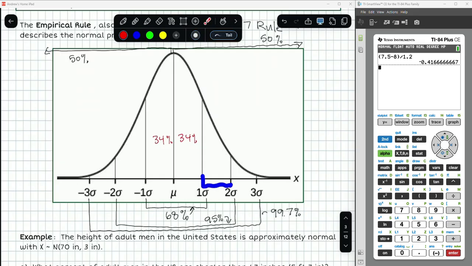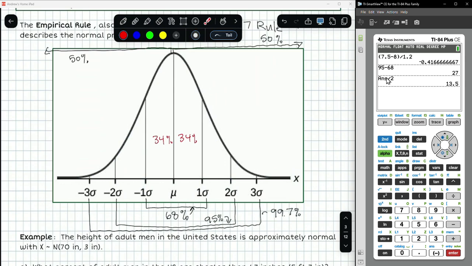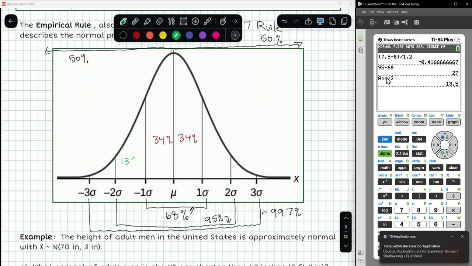For the next chunks, I have to do a little bit of thinking, because I know that these areas here are going to be 95 minus 68, and then I'm going to cut it in half. So 95 minus 68, and then I divide that by 2. So these chunks here are 13.5% each in each of those wedges.